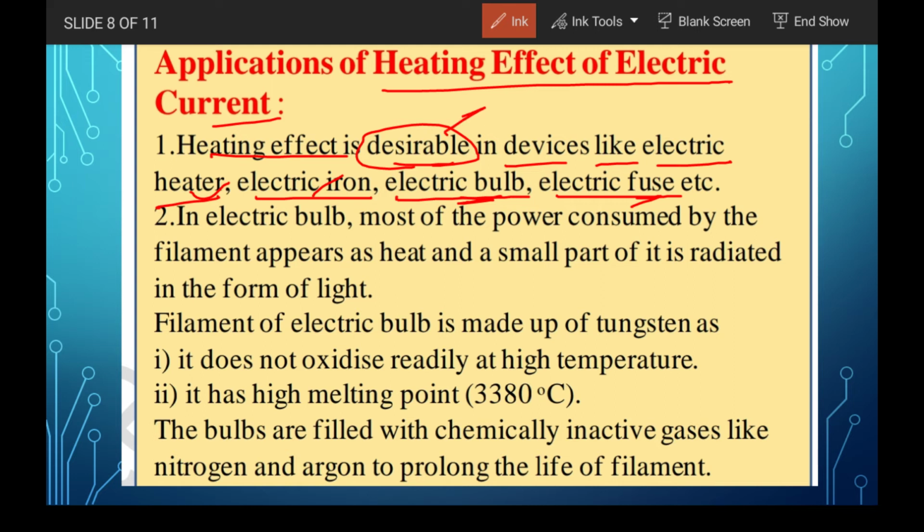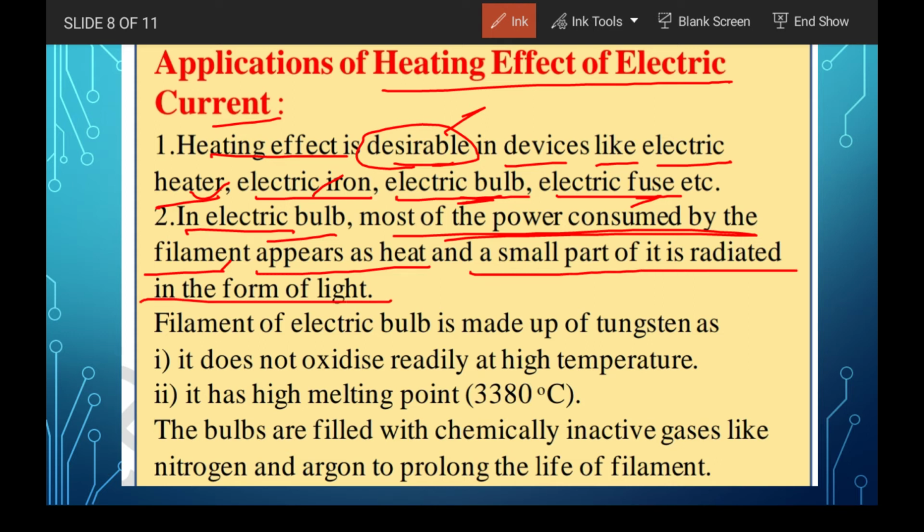These are desirable, but in some things it is not desirable. In an electric bulb, most of the power consumed by the filament appears as heat, and a small part of it is radiated in the form of light.